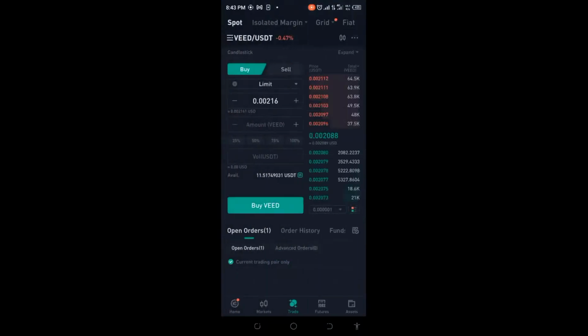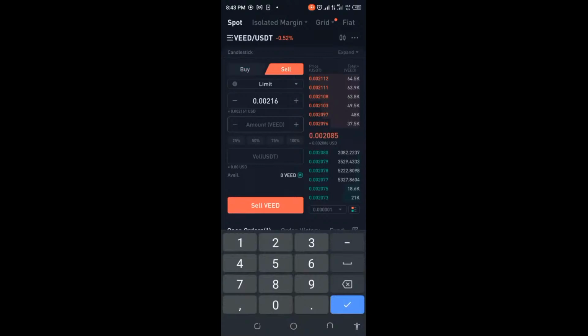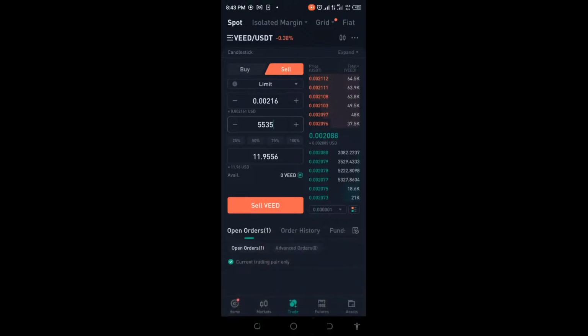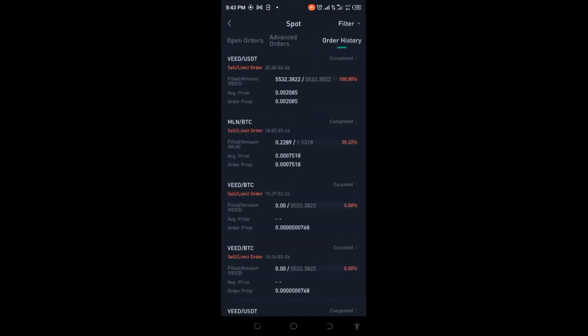Oh God, this is interesting. 21.60, and I put it at sell and I put 5535 or something like that. I could have made 11.95, an extra 40 cents. Oh my gosh. Let me confirm that again. This could have been so much more. Wow, that's interesting.